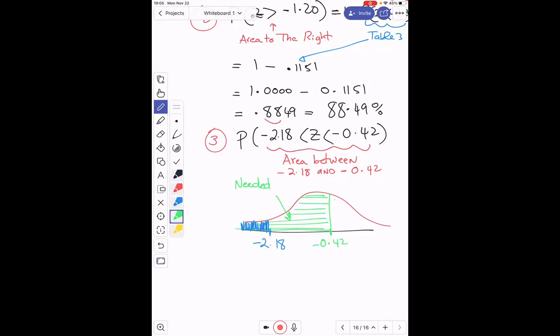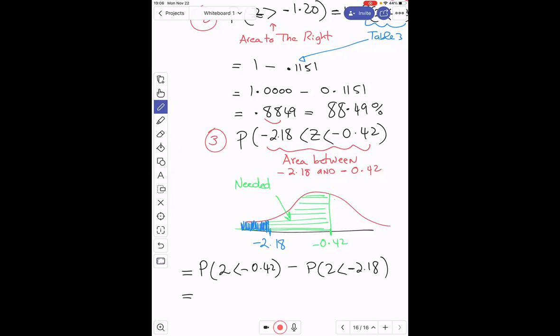So this probability would be the probability that your z is to the left of negative 0.42 minus the probability that your z is to the left of negative 2.18. For negative 0.42, the nearest tenth is negative 0.4, and the nearest hundredth is 0.02.